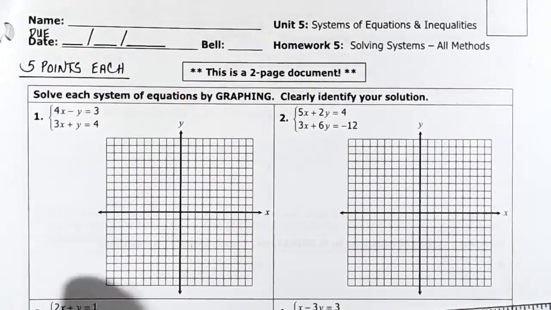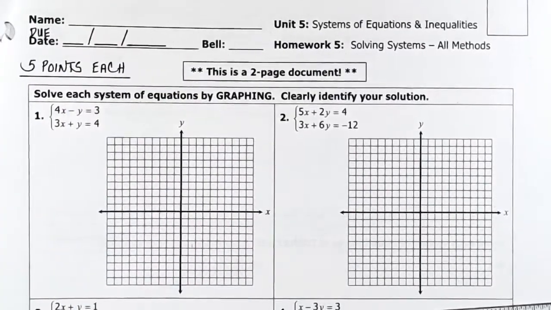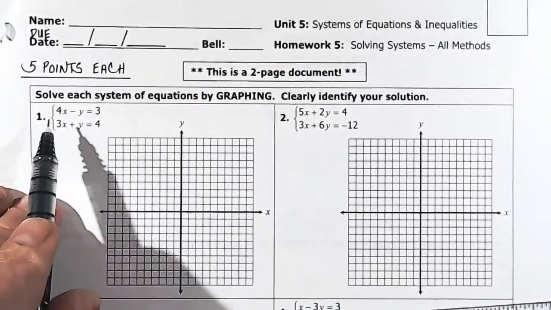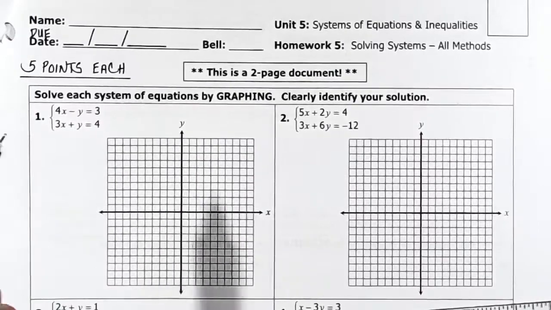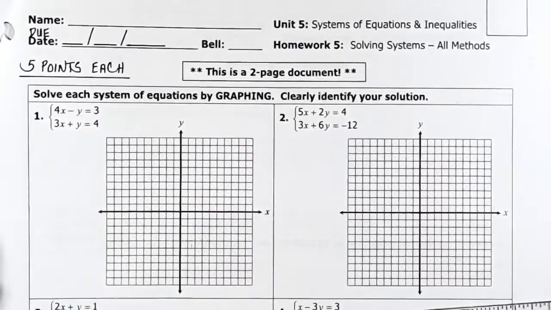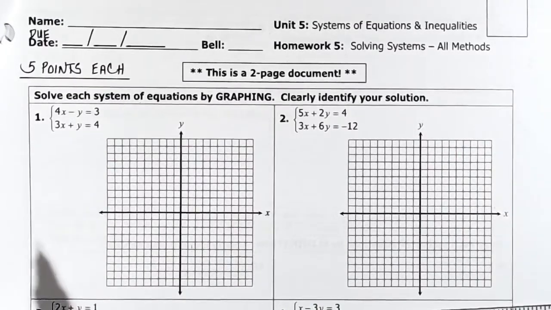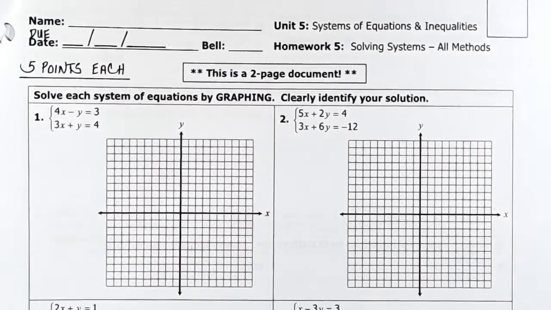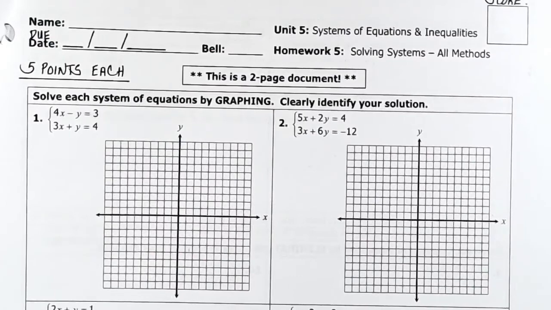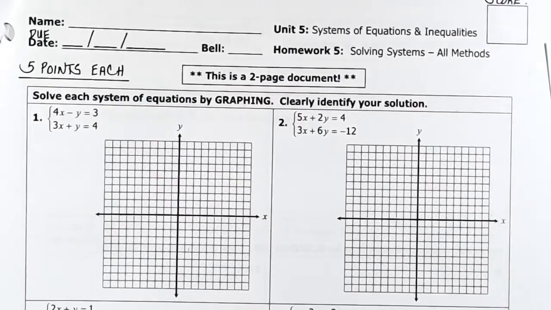Okay, so in number one, we have two equations, and we need to solve by graphing. Now notice that neither equation is in the form that would be graphable. So the first thing you have to do is rearrange the terms in order to get y by itself.